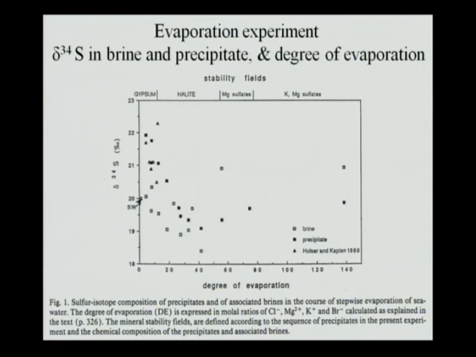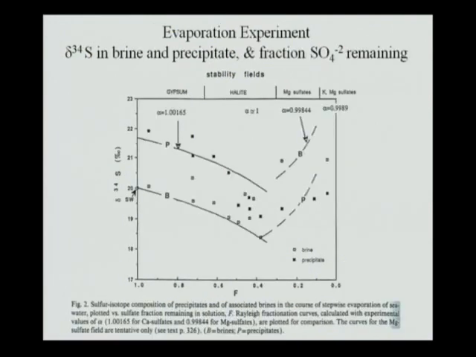So if one changes a bit the cloud and puts them into lines, then there is a line, the brine and the precipitate. These are pairs. So always the precipitate is heavier than the brine.